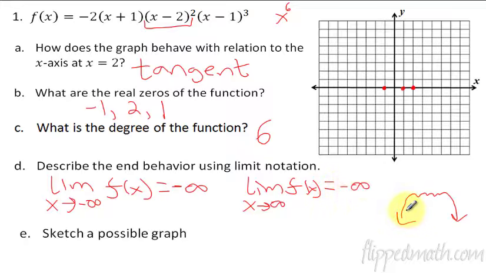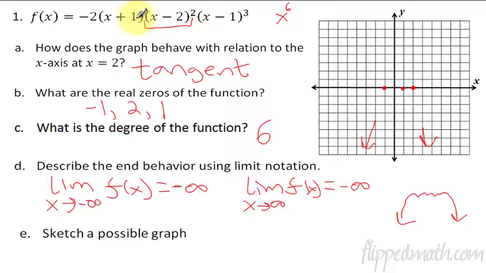Okay, now we sketch a graph, and that's it. So we know that on this side it's going to be going down like this, and on this side it's also going to be going down, something like this. And the rest of this, we do not need to be accurate with hardly any other points. Really, we're just sketching a basic understanding of what the graph looks like.